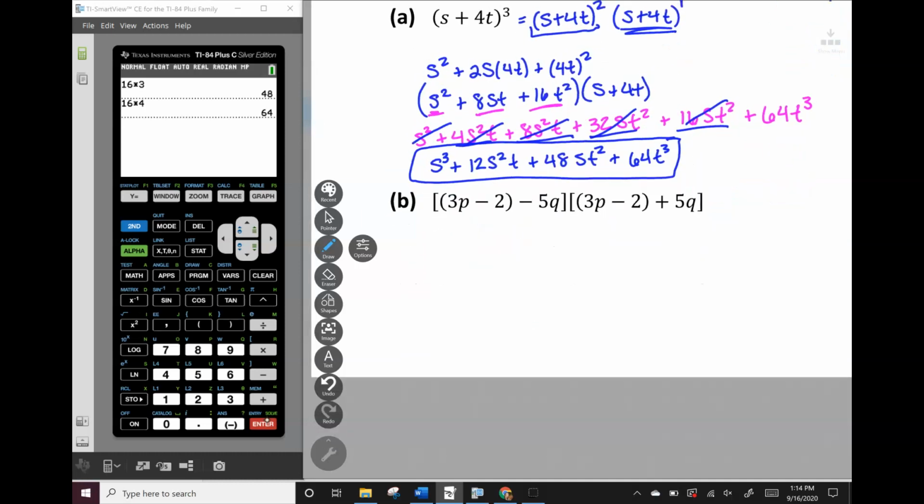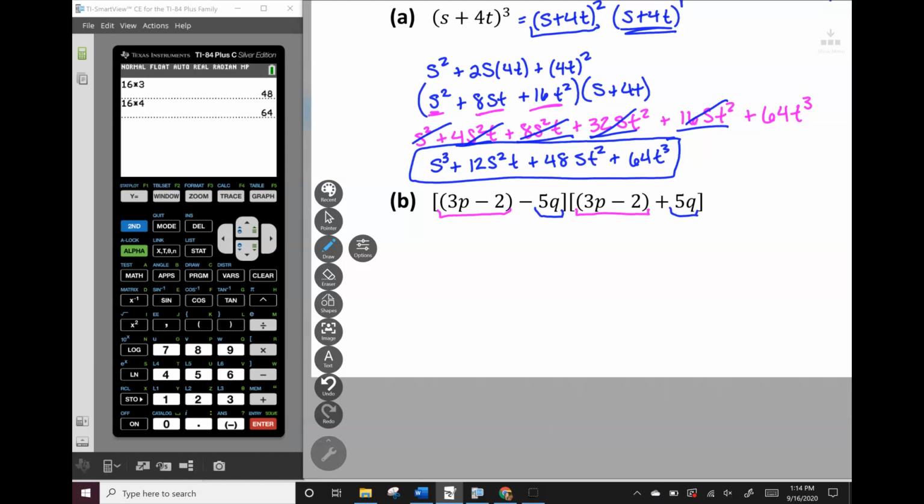All right, let's move down to B. So let's look at this. It looks crazy, but let's see if we can find some pattern. Notice that 3p minus 2 appears at the beginning of both, so those terms match. And then I've got 5q and 5q, so those terms match.